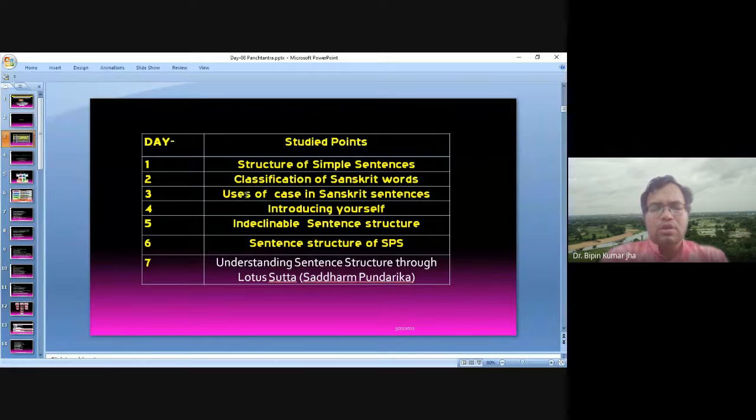For this point, it is a very important text, that's why we have taken this one. Not only hybrid Sanskrit, but also, as you know very well, when we are trying to understand Sanskrit Buddhism, at that time also Sadharma Pundarik Sutra is an important text.